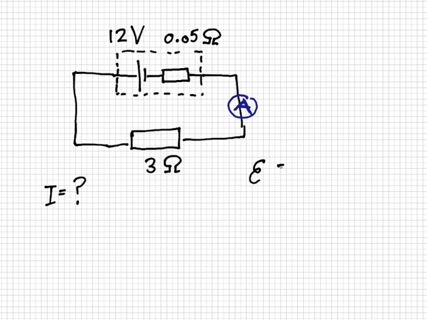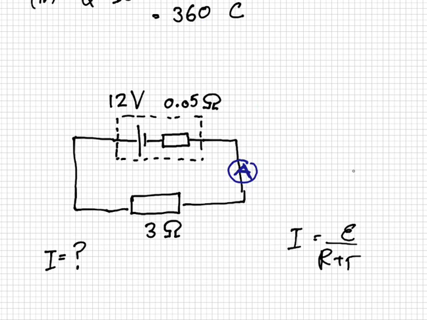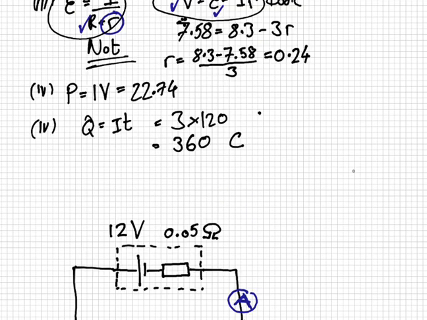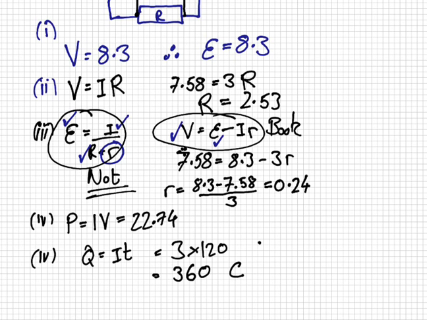E equals I over R plus r. Oh, sorry, I wrote this the wrong way. It's I equals E over R plus r. Did I write it down wrong? Oh, sorry, I wrote this backwards.